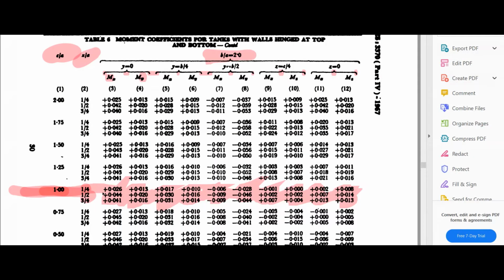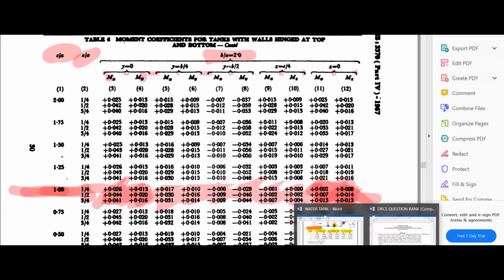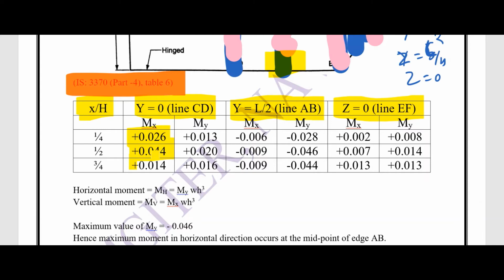We are going to use this portion of the table, 0.26, 0.044, 0.041, 0.013, 0.20, 0.16, as well as here and here. We have all the values from the table.